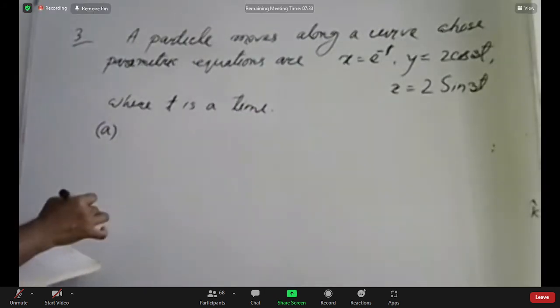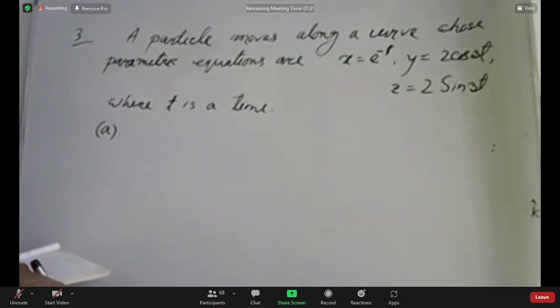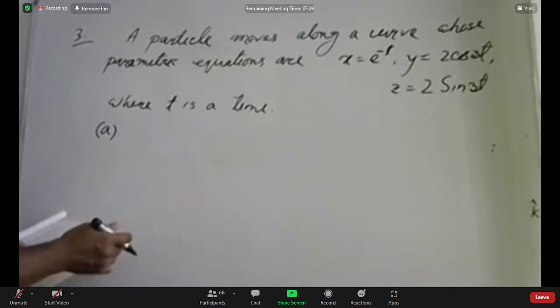So what do you have to find out? Number 1, determine its velocity and acceleration.